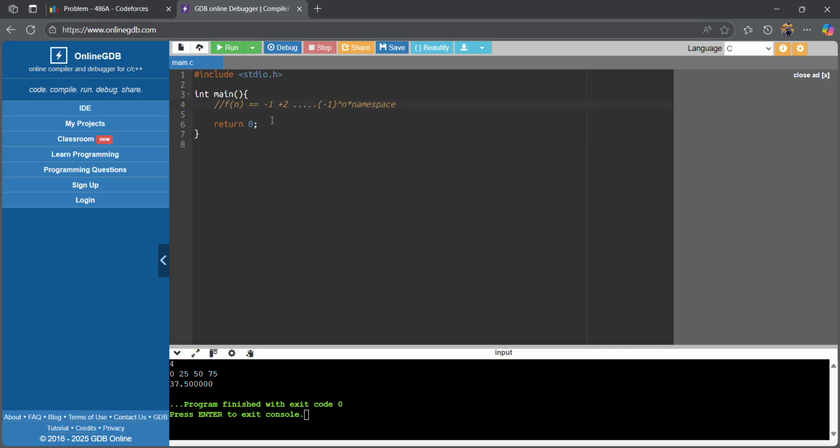So I guess we should first convert it to adding all even numbers and then subtracting all odd numbers. So f of n should be like adding all the even numbers, that is, all the even numbers add up to n plus 1, if I'm not wrong.